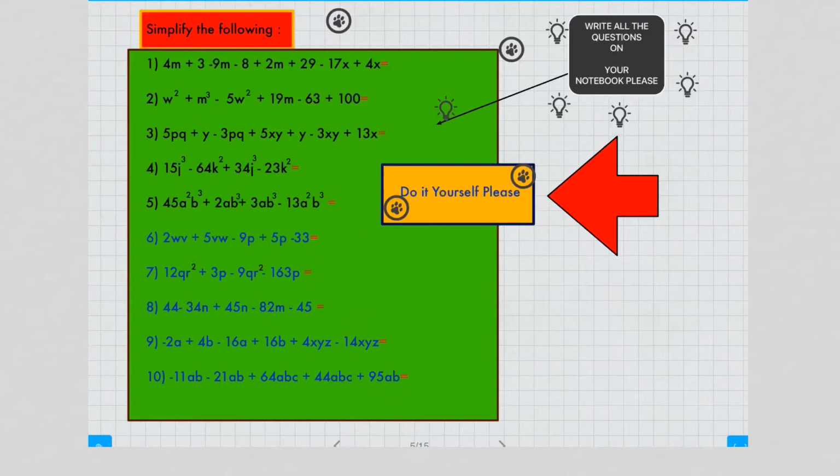So what I'm going to do is show you one example, or one I can do for you, and then the rest of them you can do all by yourselves. So let's look at number 8.